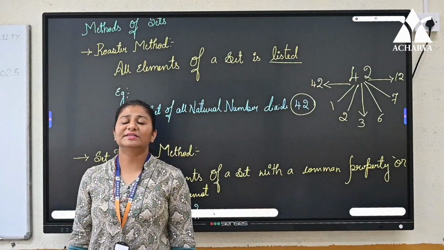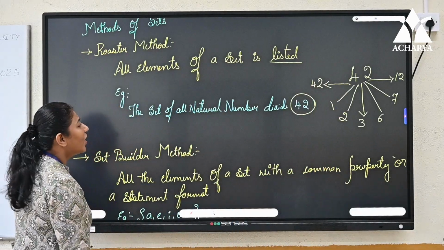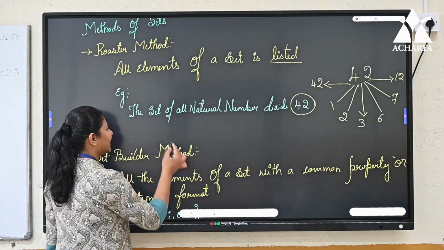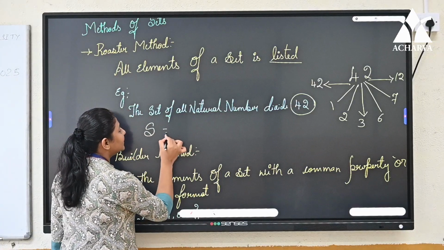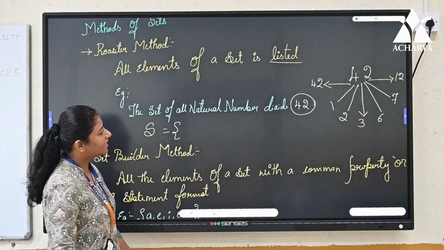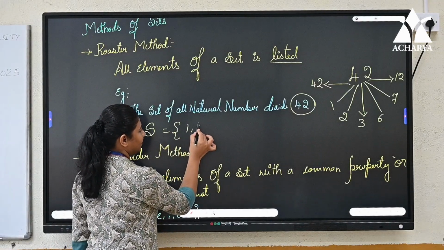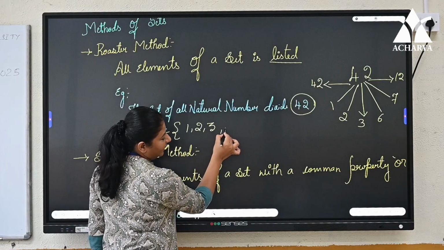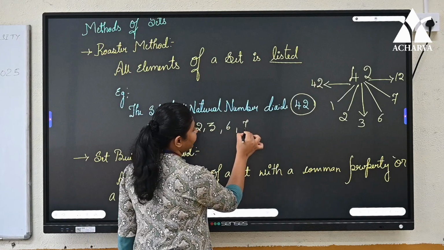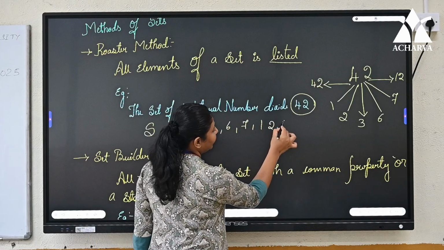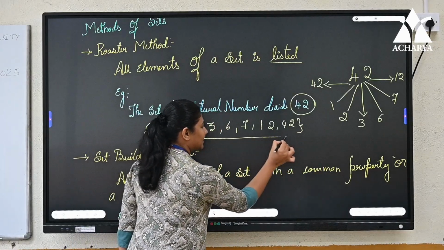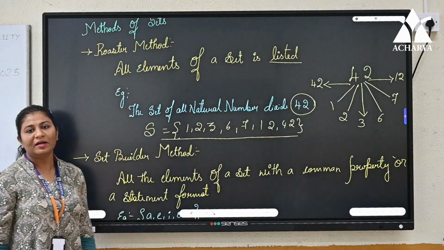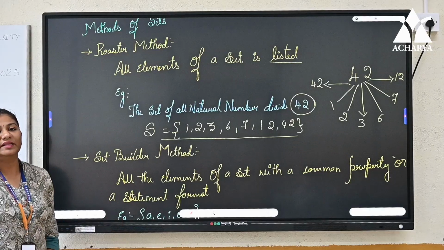These are the factors of 42. Now how can I list them? Write the factors in the set: 1, 2, 3, 6, 7, 14, 21 and 42. The listing of the elements is called the roster method.